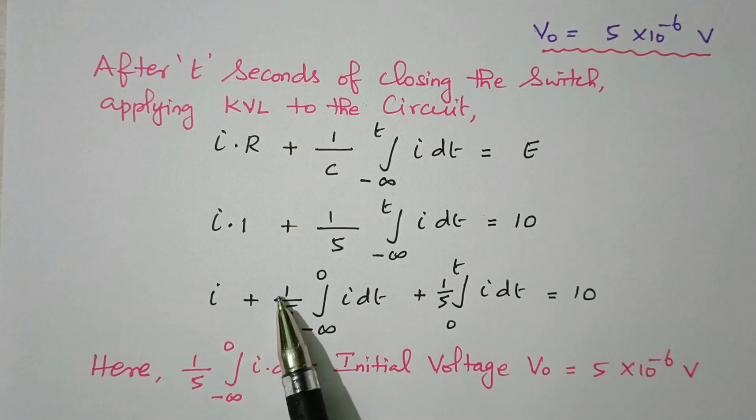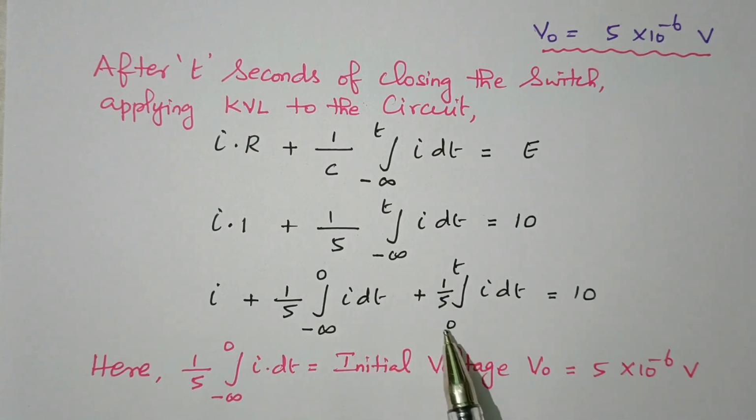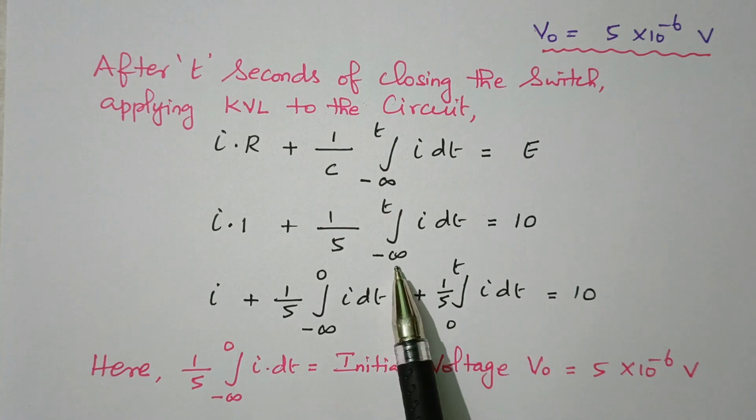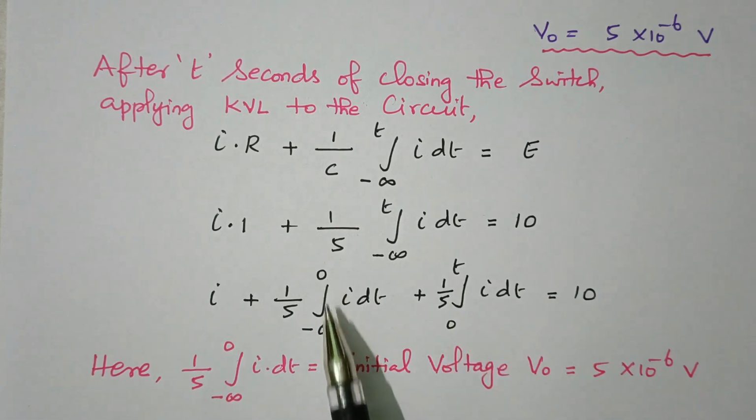So i plus 1 by 5 integral from minus infinity to 0 of i dt plus 1 by 5 integral from 0 to t of i dt equals 10. The integral from minus infinity to t is split into two intervals, minus infinity to 0 and 0 to t. This minus infinity to 0 term is nothing but the initial voltage V0.